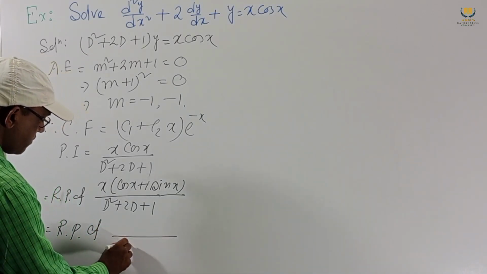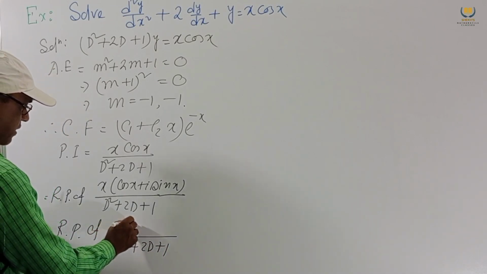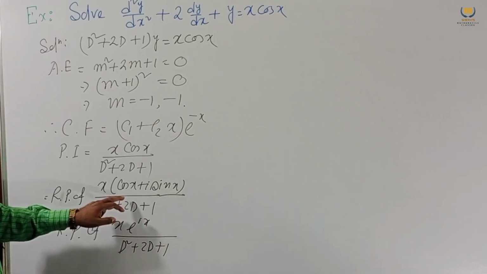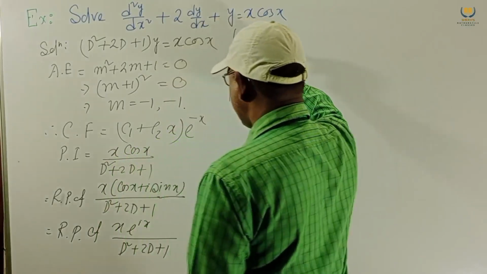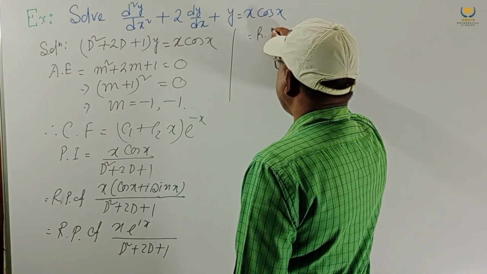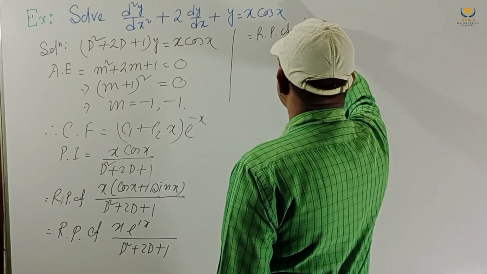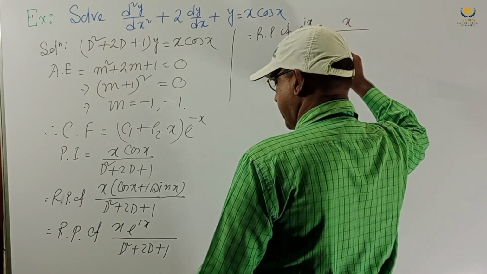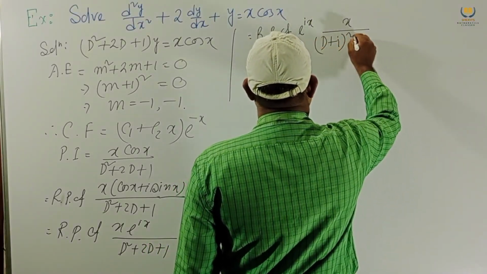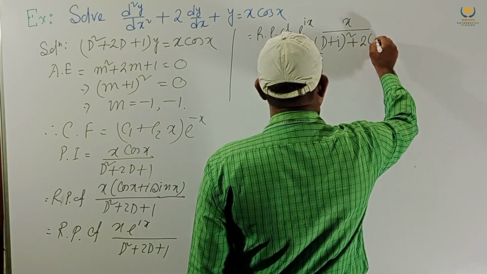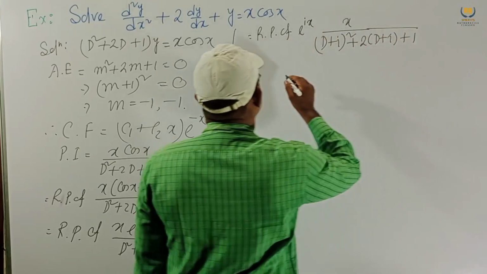In short form we write this as real part of 1 by (D square plus 2D plus 1) x e to the power ix. Ix means cos x plus i sin x. We write it this way, and this will be real part of e to the power ix taking outside, then putting D equal to D plus i: 1 by ((D plus i) whole square plus 2(D plus i) plus 1) x.